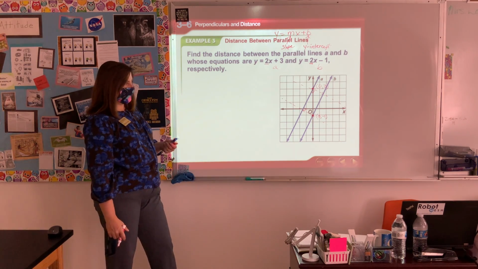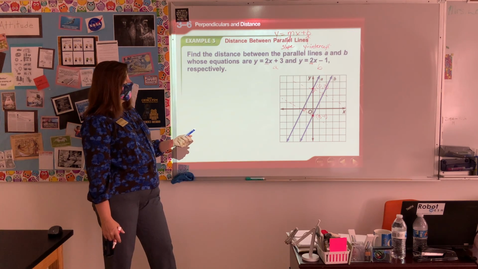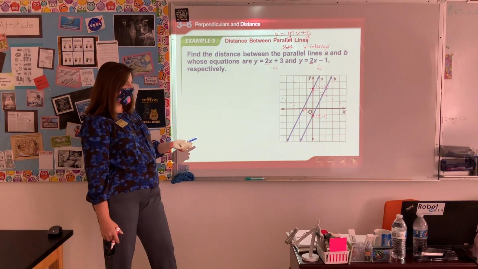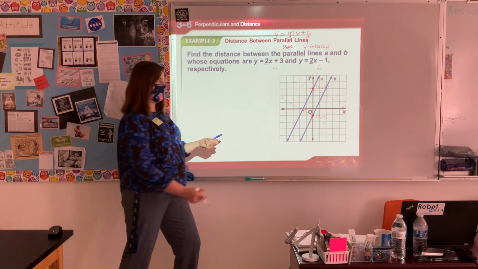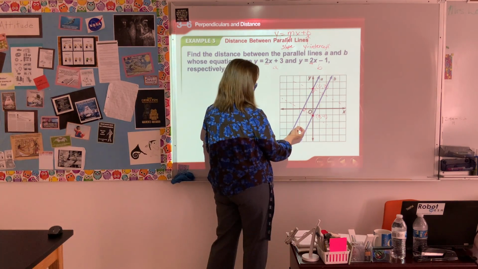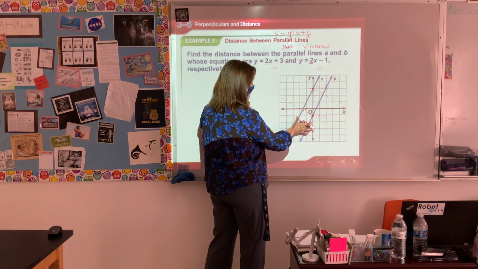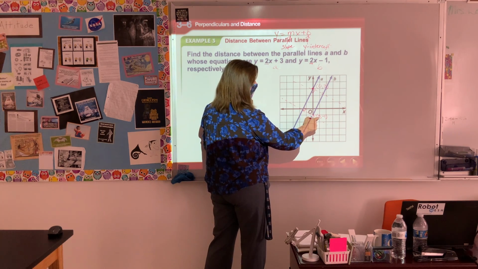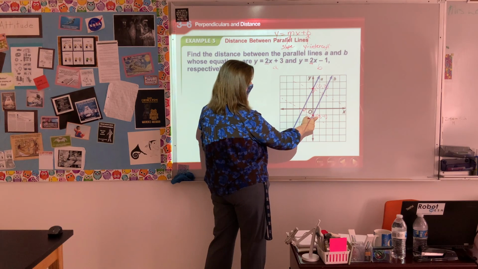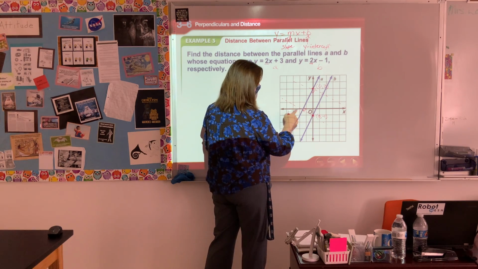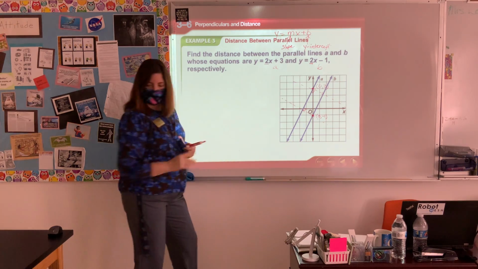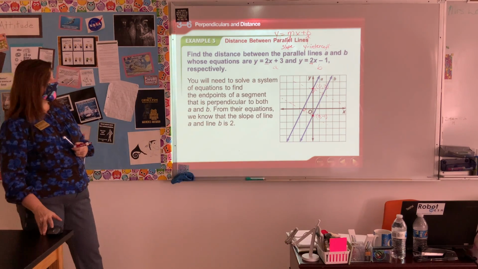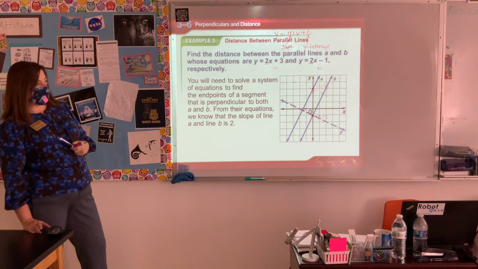Now, in order to do this, I need to find the equation of one of the lines. And I know the point. What I want to do is find the equation of a parallel line, and then using this point, we're going to be able to find the equation of the second line. Okay, so they chose the bottom one.